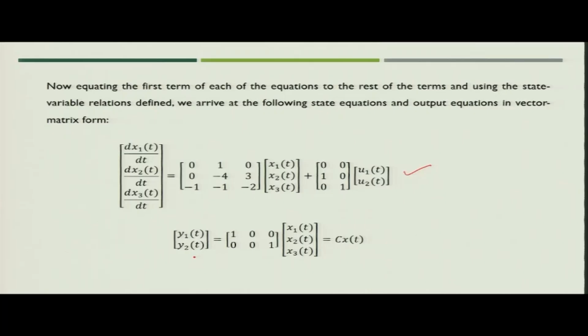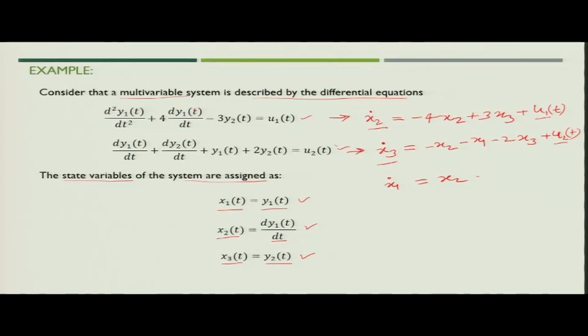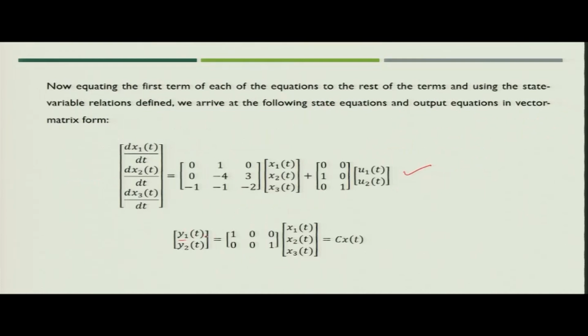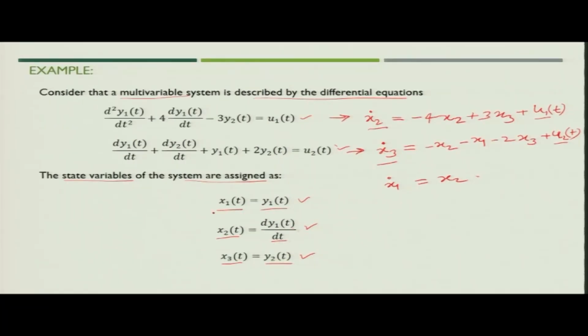Similarly, the output equation. The output is y1 and y2. These are the two variables which we only have in the differential equation. So, we take y1 and y2 as an output. Now, y1 y2 has to be represented in the form of the state variables, that is x1 x2 x3. So, y1 is nothing but x1 and y2 is nothing but x3. This we have defined in our initial assumption.